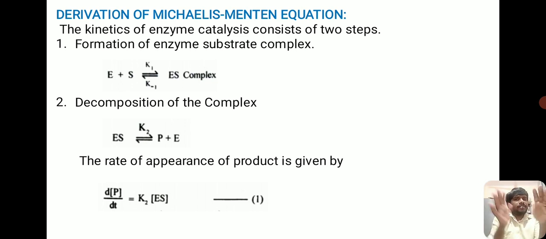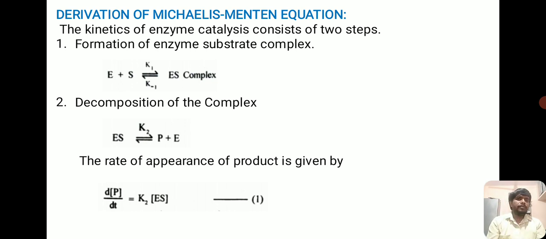When enzyme is treated with a substrate, that is E + S, in the forward reaction with rate constant k₁, it gives rise to a complex, that is ES, where k₋₁ represents the reverse rate constant. And the second step is decomposition of the complex formed in the first step. ES is decomposed and gives rise to P + E, that is product plus enzyme.